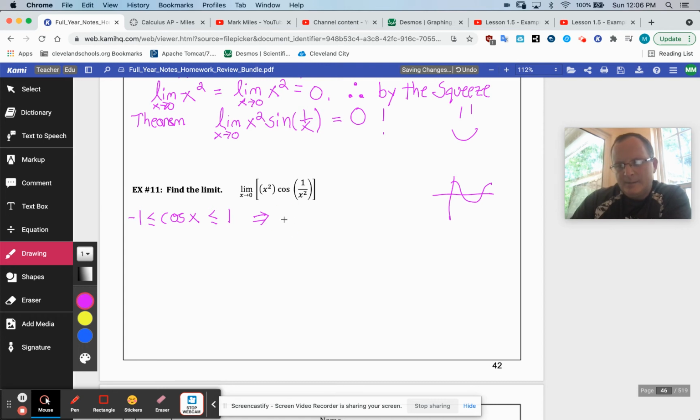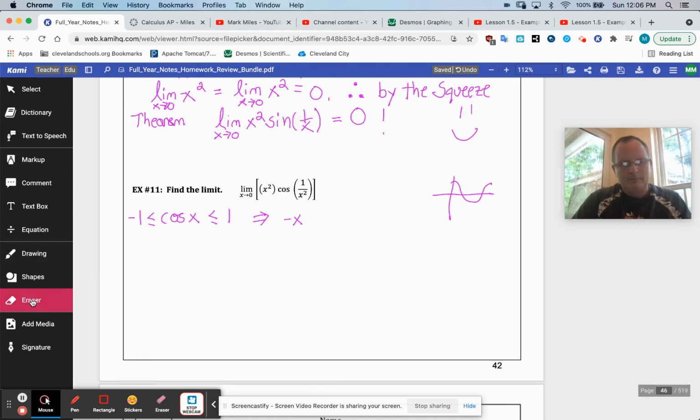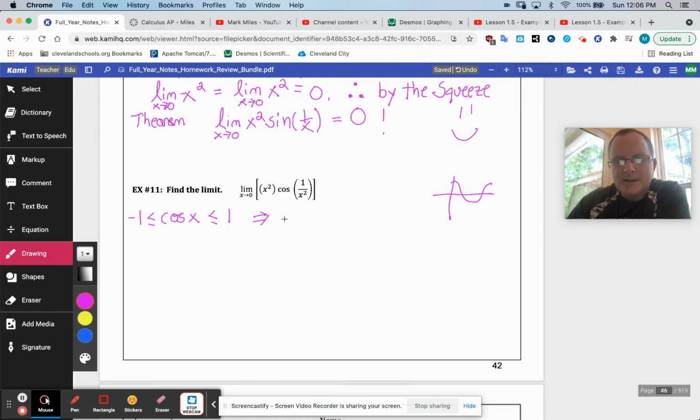So if this is true, that implies that negative 1 is less than or equal to any cosine, in this case cosine of 1 over x squared, which is less than or equal to 1. Now I can multiply across as long as it's by something positive that won't change the relationship.